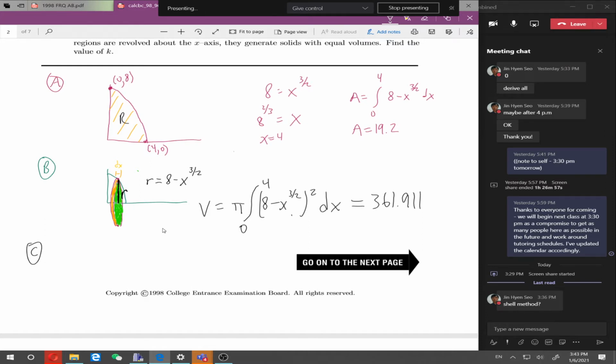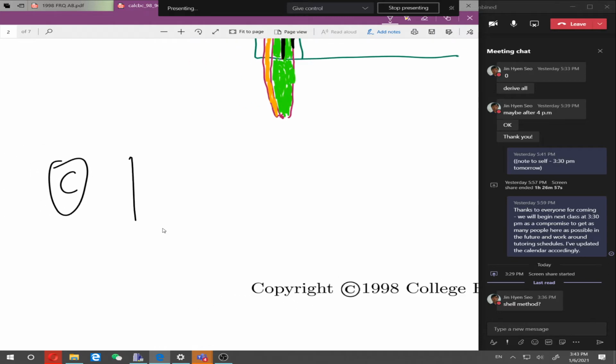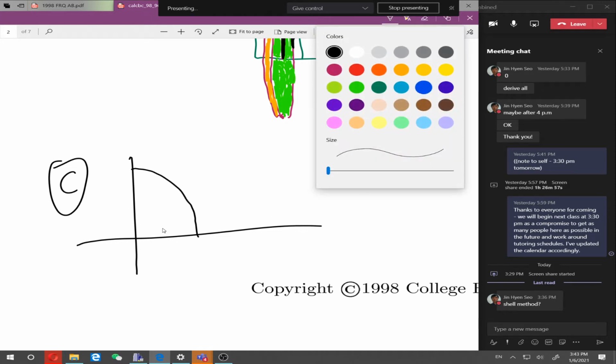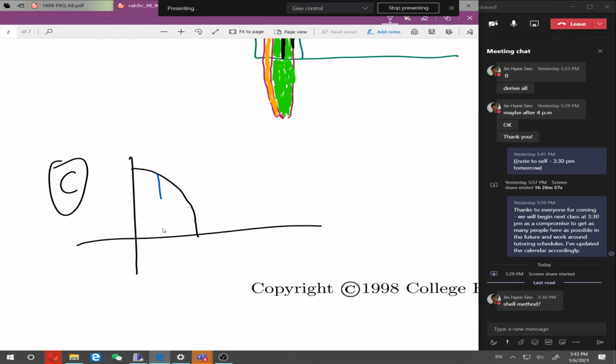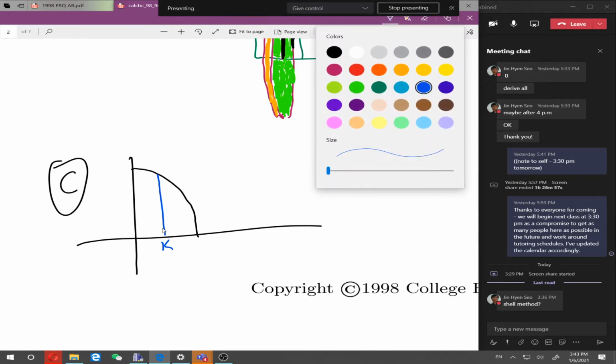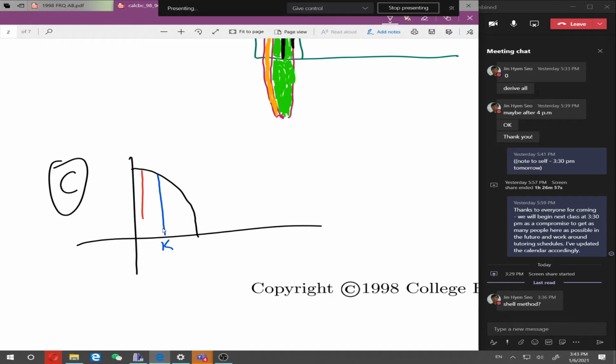So in this case, we still have our same shape, but now we're saying that there is some value here, x equals k, such that when we split up all of our shells that we are spinning around in order to create our 3D shapes, the volume of the first part after it's spun will be equal to the volume of the second part after it is spun.